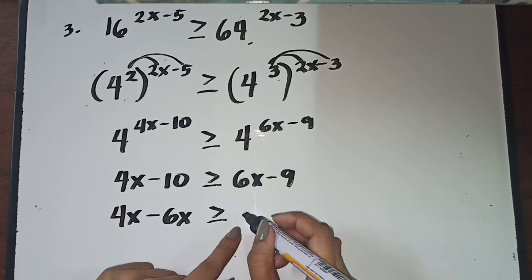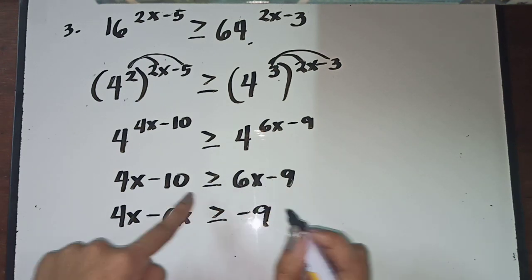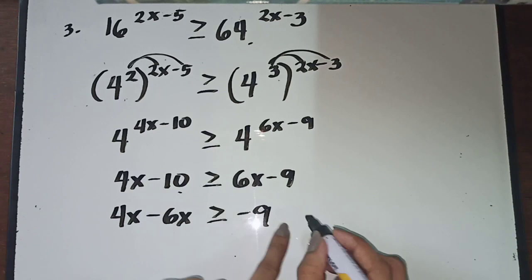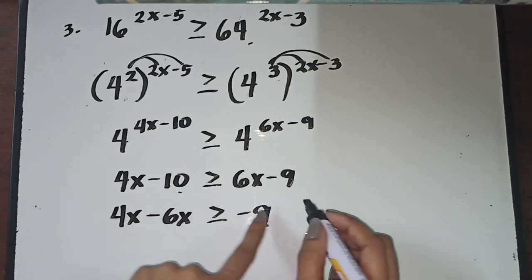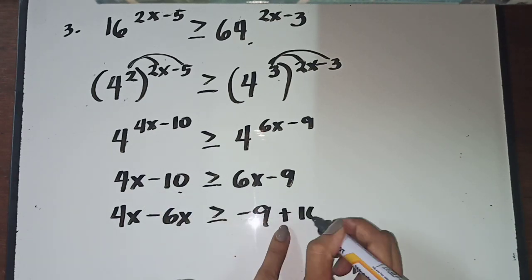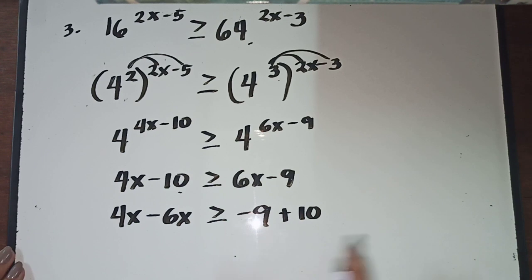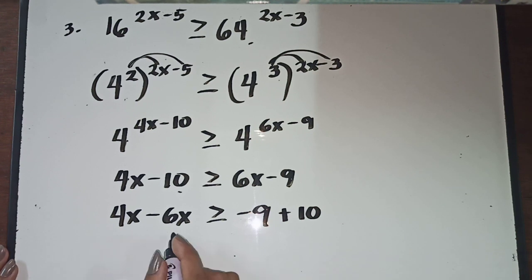Okay, so next, negative 9. Etong negative 10, lipat sa kabila. From negative 10, it will become positive or plus 10. Okay, so walang nagbago kasi nag-subtract at nag-add lang naman po tayo. Okay, so next, 4x minus 6x. So that is equal to negative 2x.